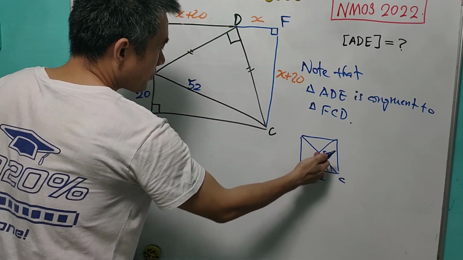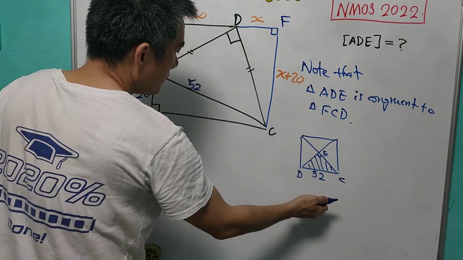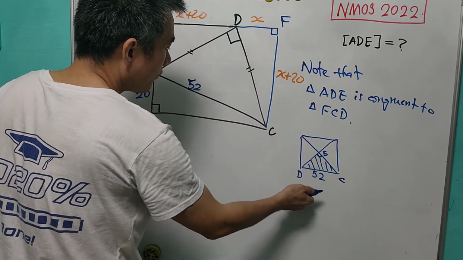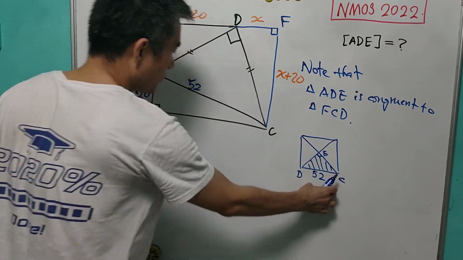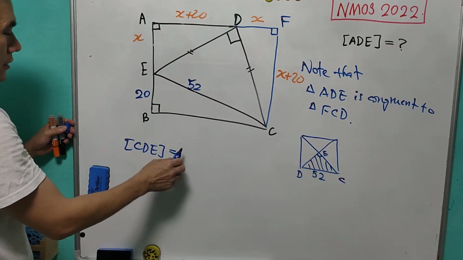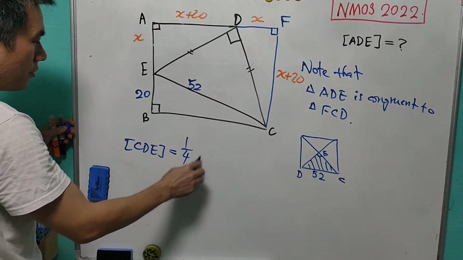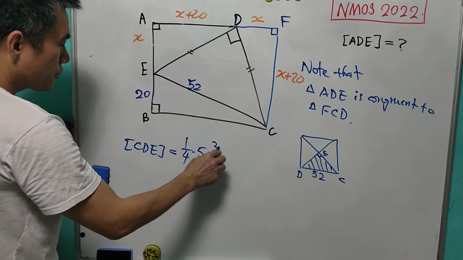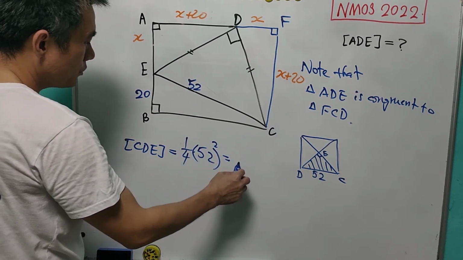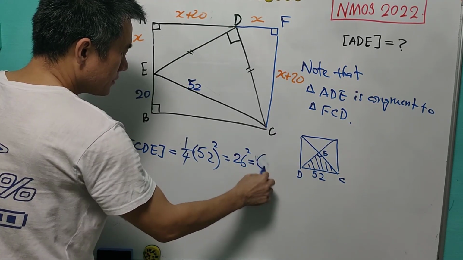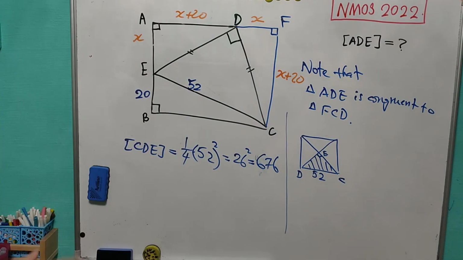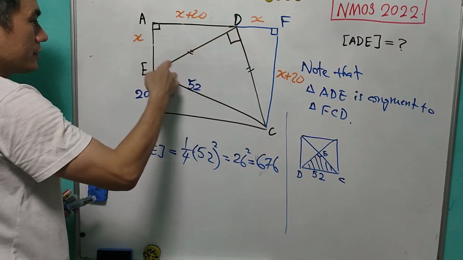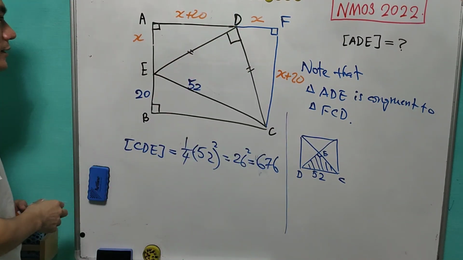We see that this triangle CDE is only a quarter of a bigger square with length 52. As such, the area will equal 1 over 4 times 52 squared, and this equals 26 squared, which is 676. It is important that we know the area of the triangle CDE.